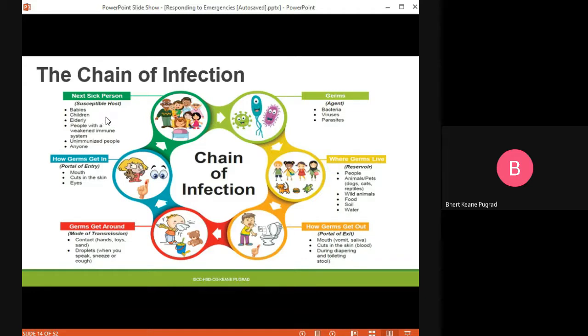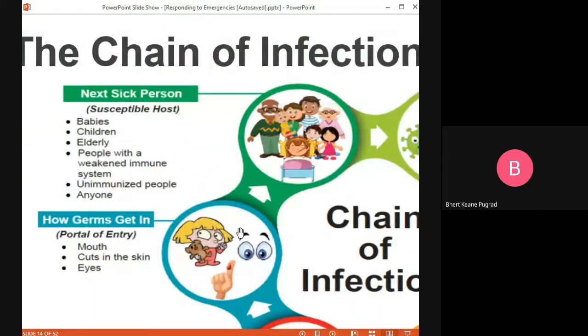So sino-sino ba yung mga individuals who are very prone to infection? So we have your too young and too old individuals. You have your babies, your children, and your elderly. Aside from the too young and the too old, you also have individuals with weak immune system or your immunocompromised or your immunosuppressed.